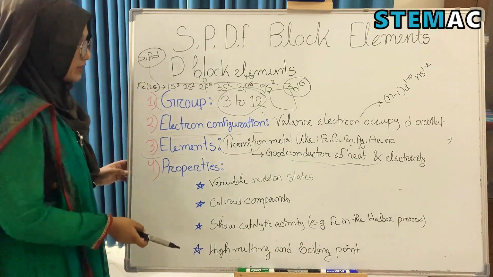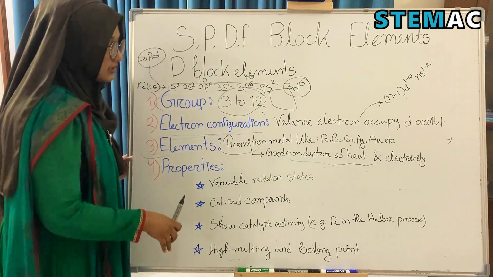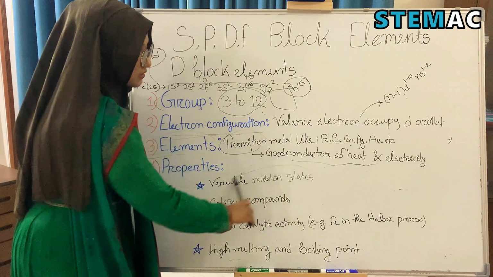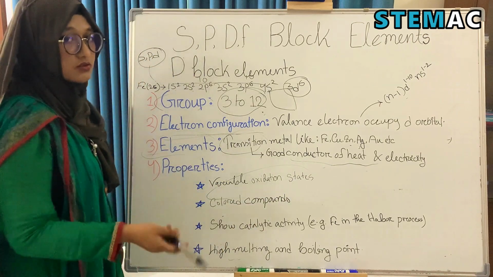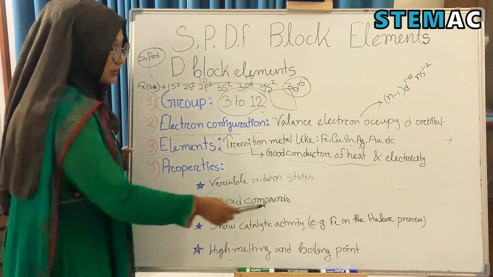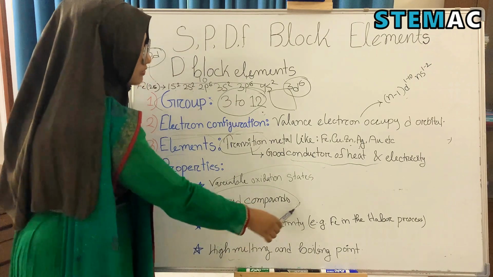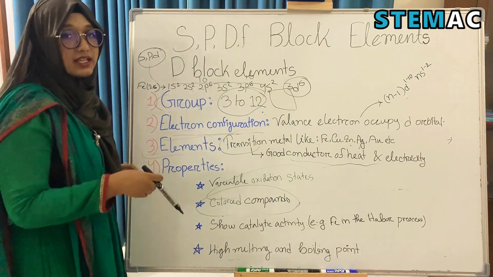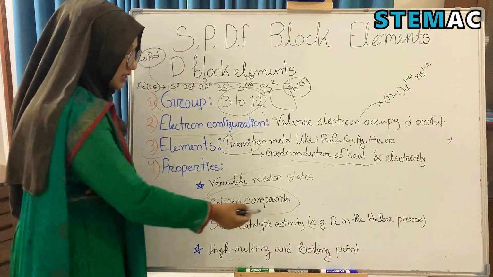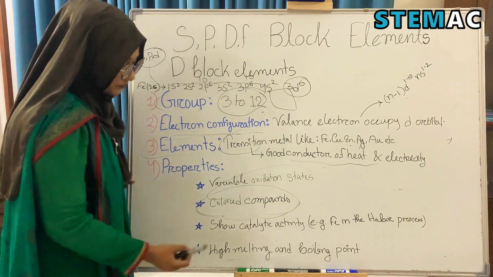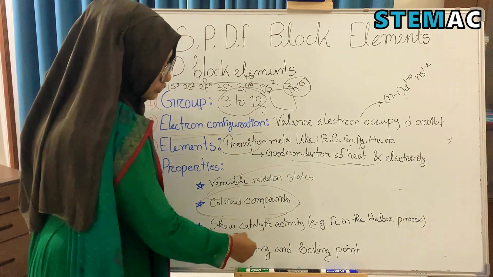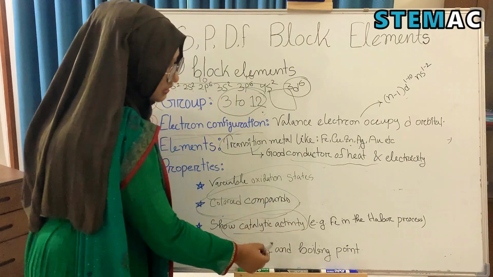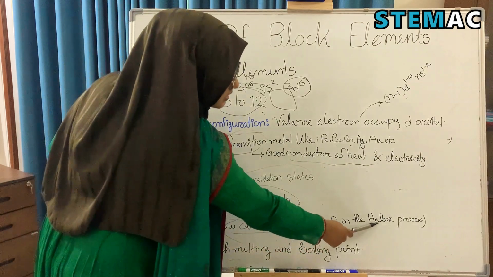Now for the properties of d block elements, they have variable oxidation states, which we also learned about in s block elements. They also form colored compounds, which means they absorb some wavelengths of light and show different colors. They show catalytic activity; in the case of iron, in the Haber process.